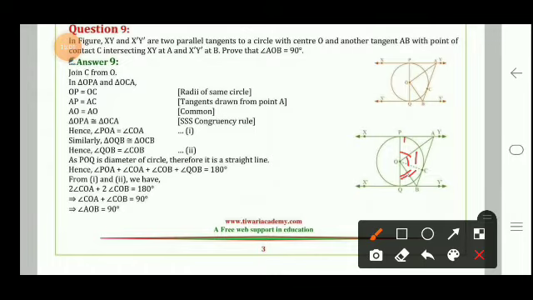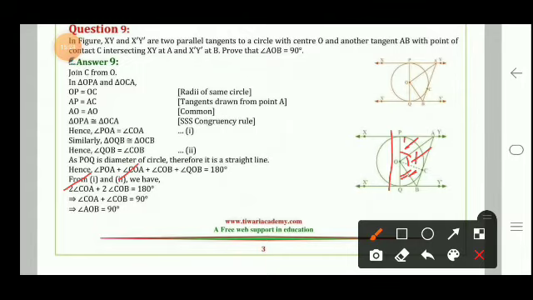Now PQ is the diameter of the circle, so it is a straight line. As we know, the sum of all the angles on a line is 180 degrees. So we are adding all these angles, angle 1, 2, 3 and 4, and the sum is equal to 180. As both the angles are equal, in place of angle POA plus angle COA we can write twice angle COA, and angle COB plus angle QOB, we can write twice angle COB.